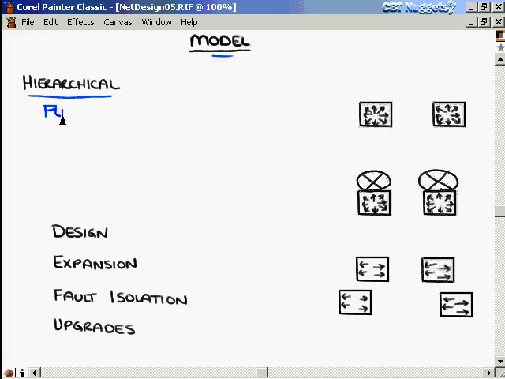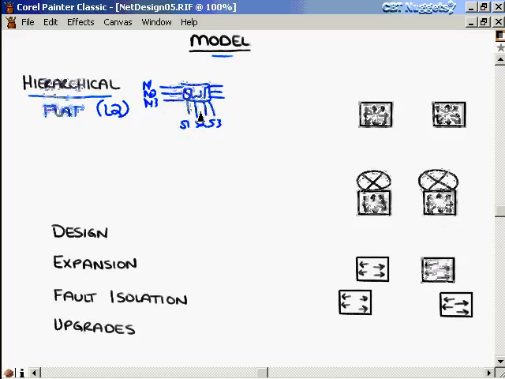Remember that we had switch number 1, and all of those devices were in layer 2 and 3. Connected nodes or servers were relatively layer 1 and layer 2.